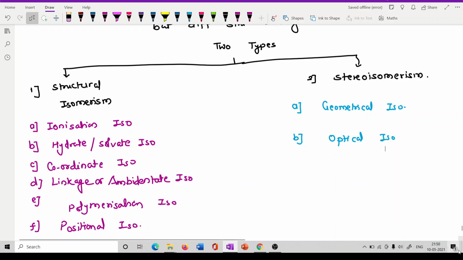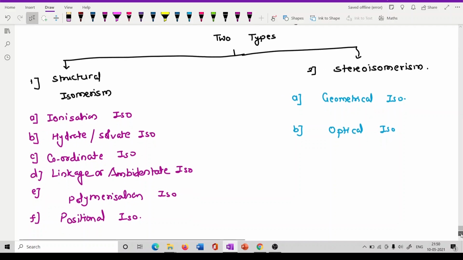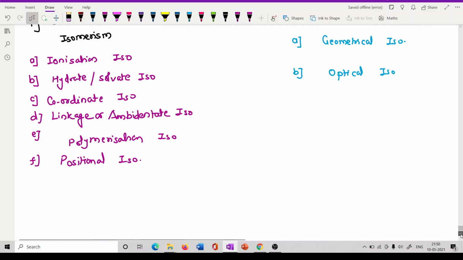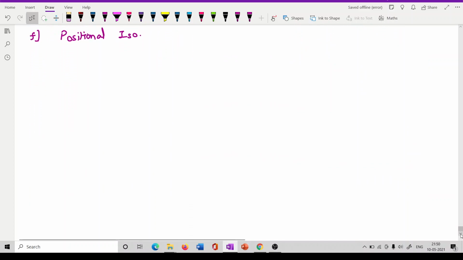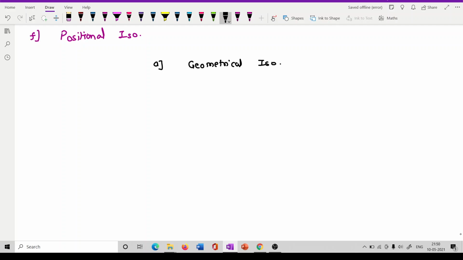Now we'll first discuss stereoisomerism, under which the very first is geometrical isomerism. Geometrical isomerism shows two types.